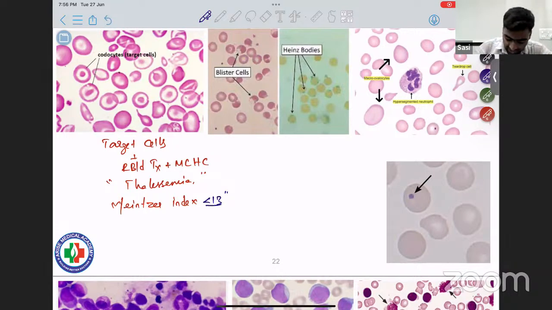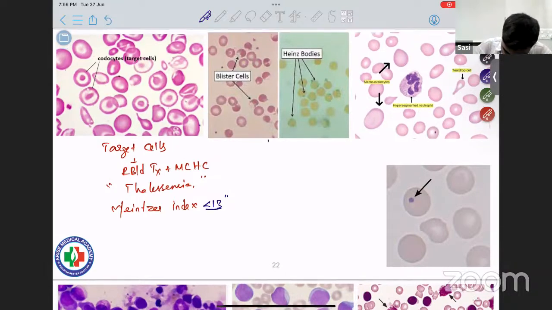iron deficiency anemia. Next one, if you see these 2 things, one is bite cells and Heinz bodies, both of these will be seen in which condition? Waiting for your answer. Yeah, correct. You will see these in a case of G6PD deficiency.